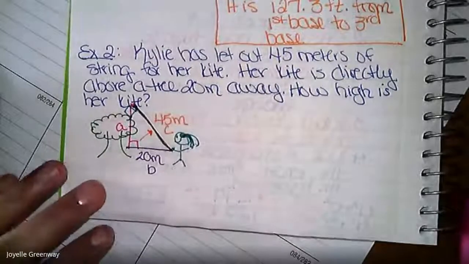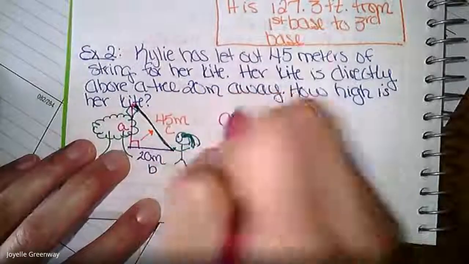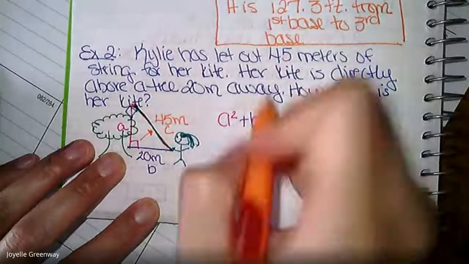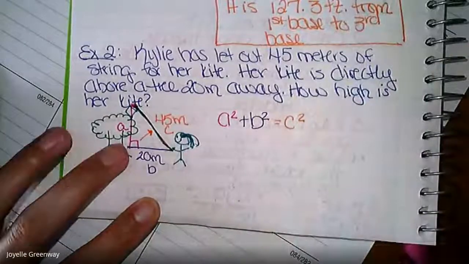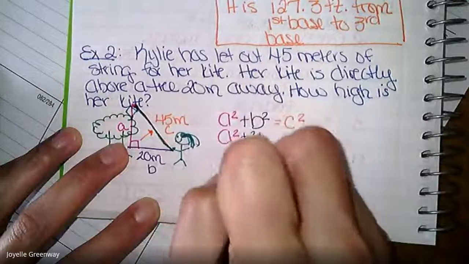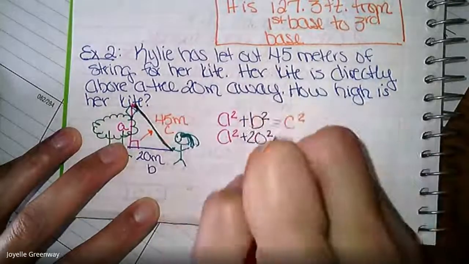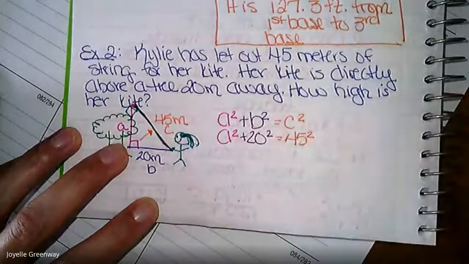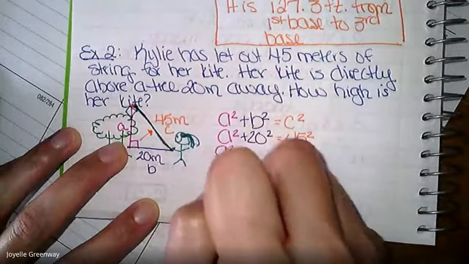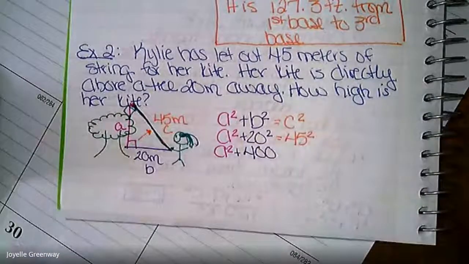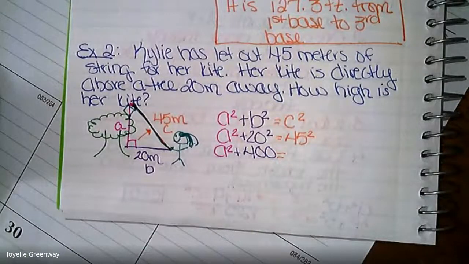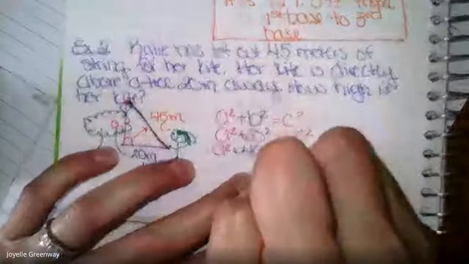Okay? So I have A squared plus B squared equals C squared. I don't know A, so I'm going to leave it as A. A squared plus 20 squared equals 45 squared. So A squared plus 400, 20 times 20 is 400, equals 45 squared, 2025.